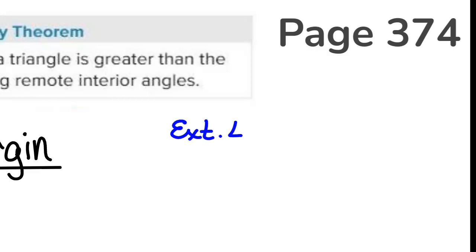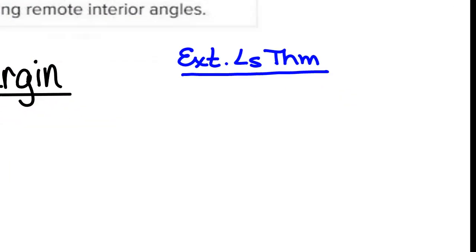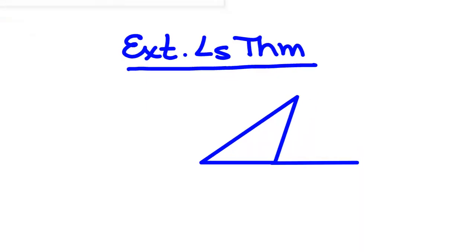Before we talk about the exterior angles inequality theorem, let's see if we can remember the exterior angles theorem. So I'm going to name these angles here.